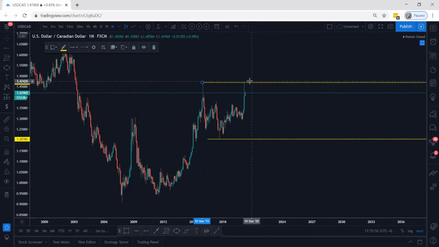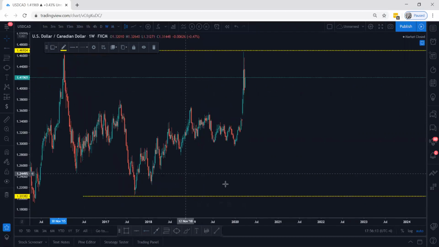See again, price whipped last month into this candle from December 2015. So I'm going to mark it all the way back because that's important for me to understand why price came to that area. If it comes back to that area again, I want to be able to watch it.